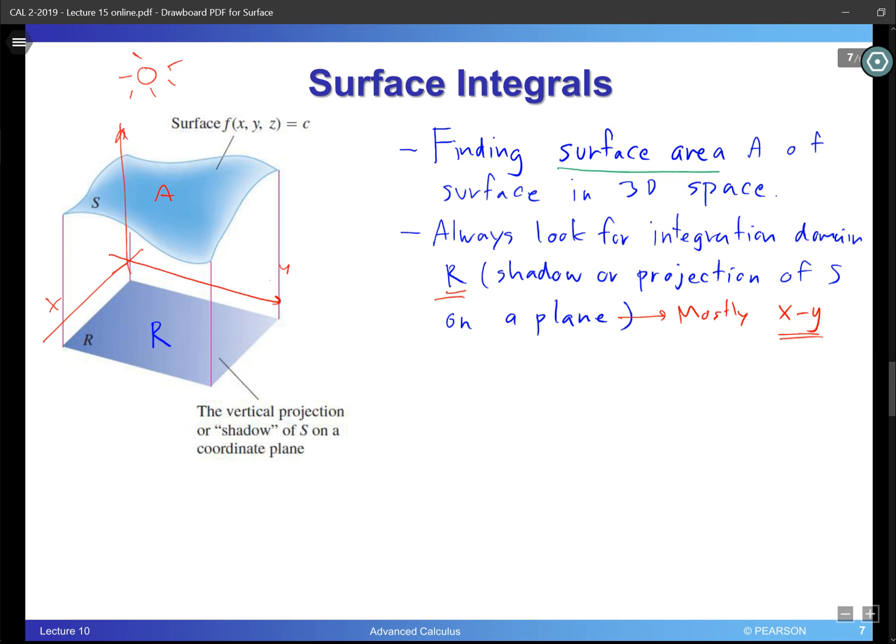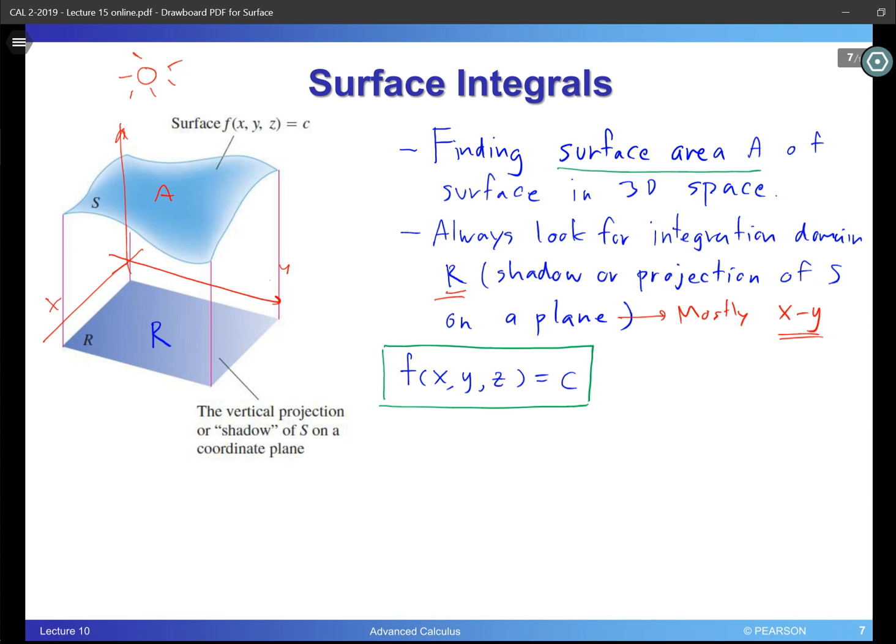Alright, what do you need in order to find this surface area? Let's take a look at some formulas. The first thing you need is to define the surface in space, so look for this F(x, y, z) equal to C. This is the first thing you need in order to calculate the surface integral. This is the equation for the surface in 3D space.